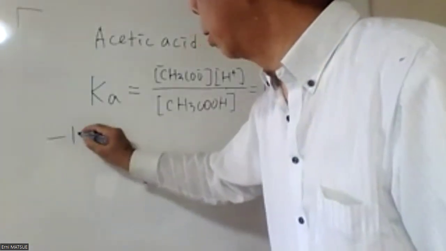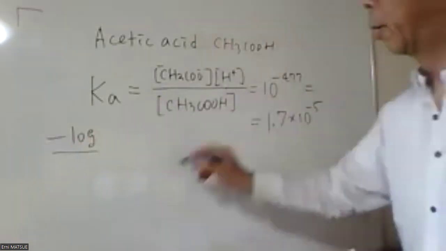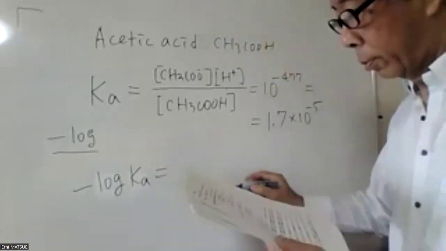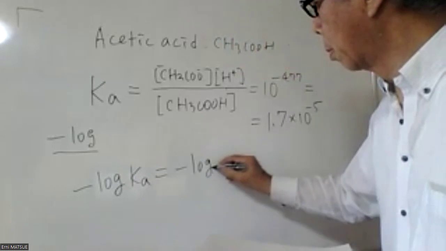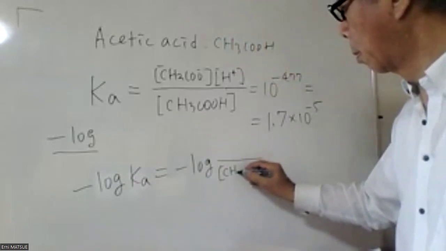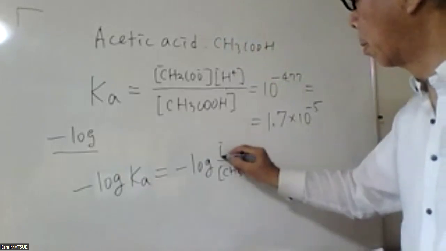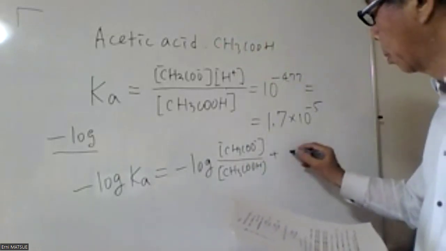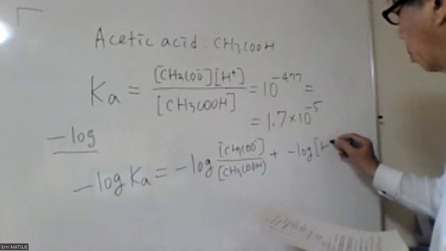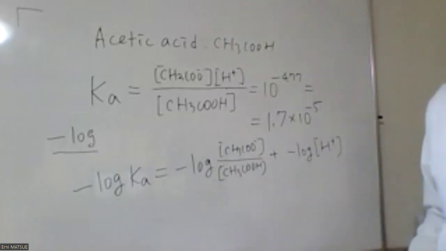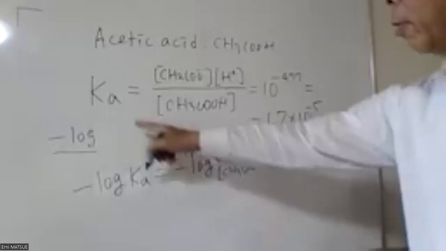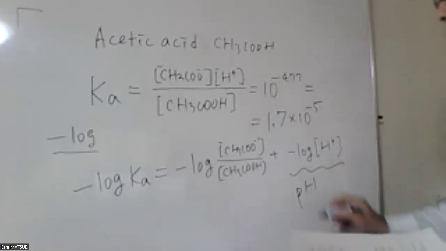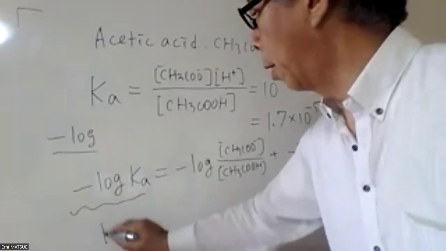Minus slope for both sides. Then this is pH. This is pKa.